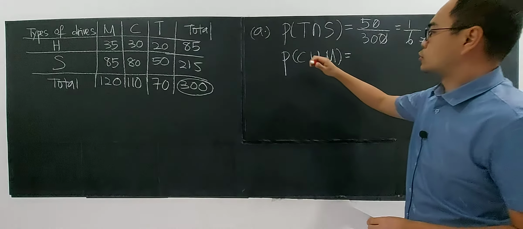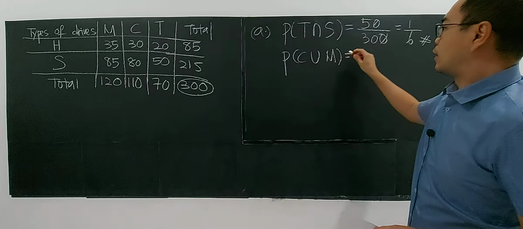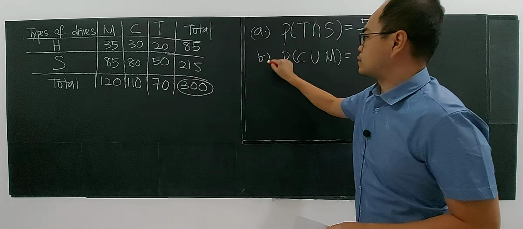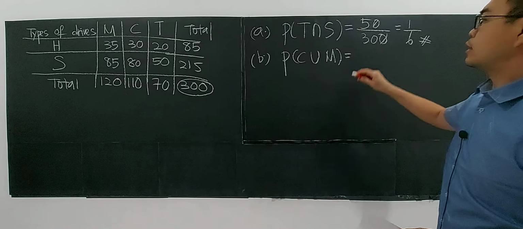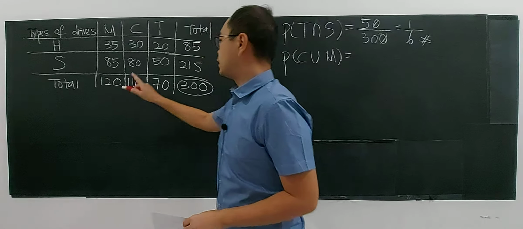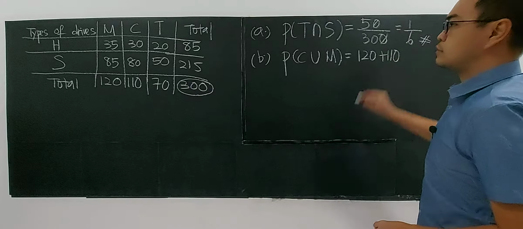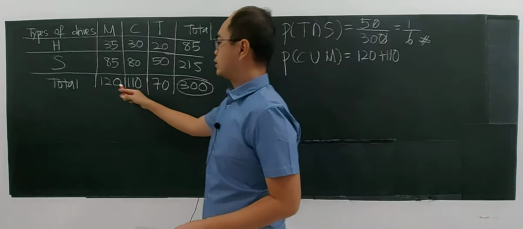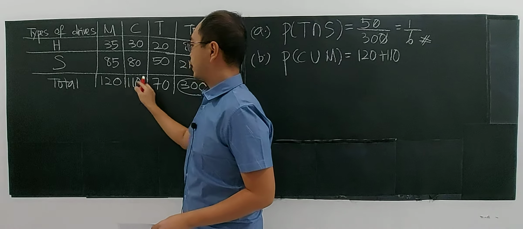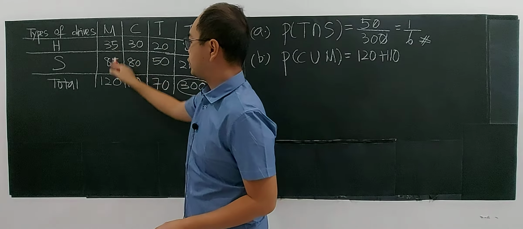We write it this way. Union means either or, in the meaning of mathematics. So how many of it? You can take the 120 plus 110, right? Because from China is 110, from Malaysia is 120.